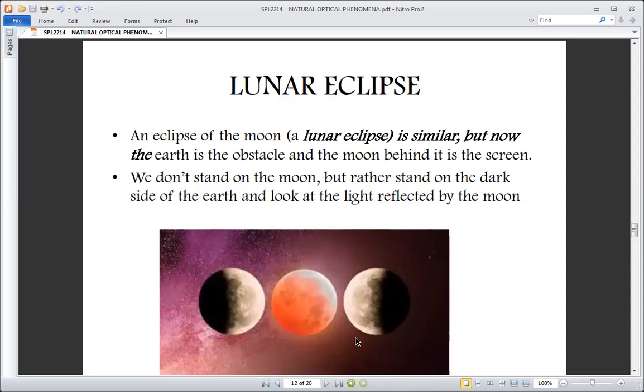You have a point where the moon, the earth and the sun are directly in line, and you are able to see a completely red moon. So that's a lunar eclipse, which happens at night and is a more common optical phenomenon than the solar eclipse.